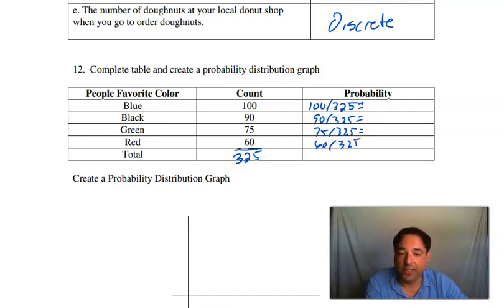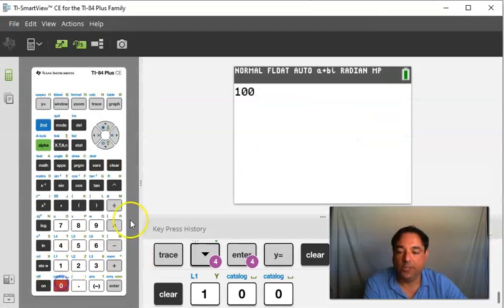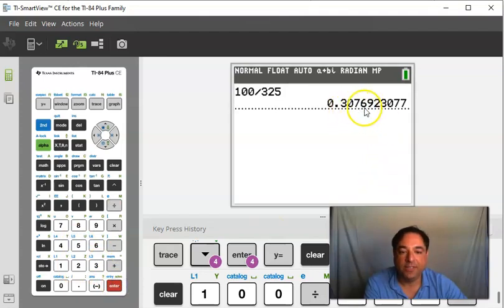Now I'm going to go to the calculator because we're going to go from fraction to decimal to percent. I'm going to go 2 decimal places, but we want to be careful going from fraction to decimal to percent. So if I type in 100 divided by 325, that will give me 0.307692.